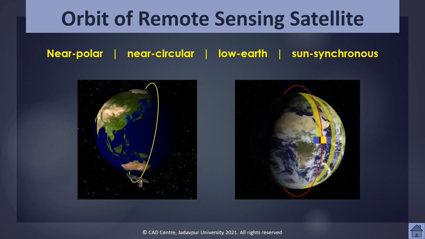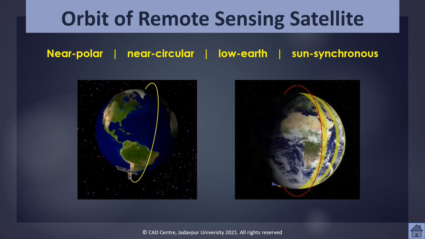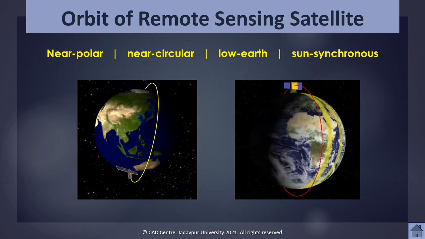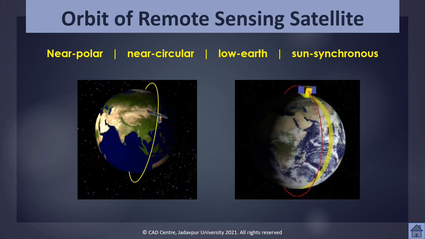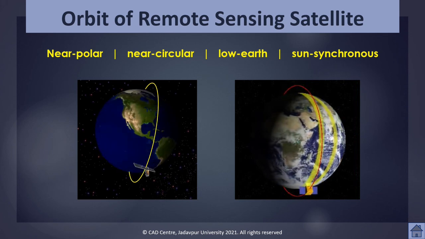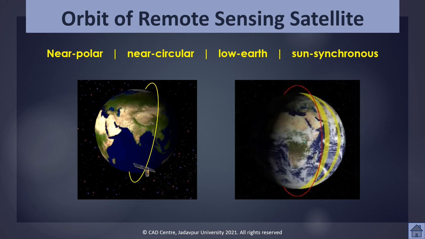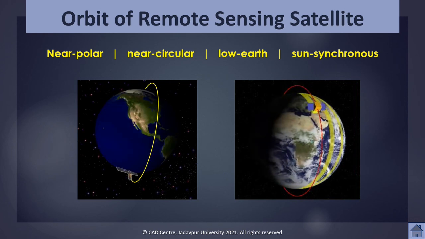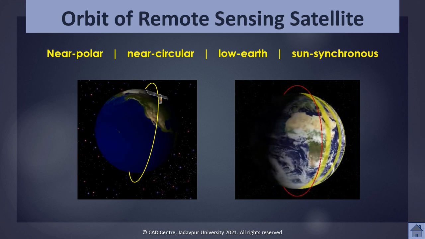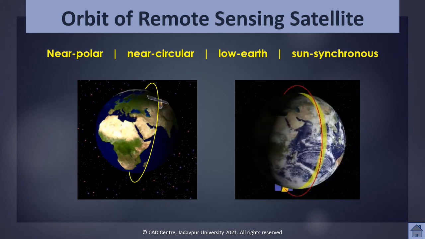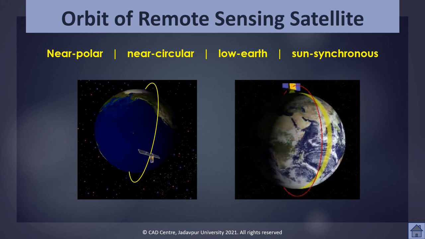And then near circular, the orbit should have a circular shape, and it should not have the elliptical shape. But according to Kepler's law, it has been said that orbit is an ellipse. Orbit cannot be a circle, rather it is an ellipse. But as much as possible, we should maintain a circular orbit, near circular.